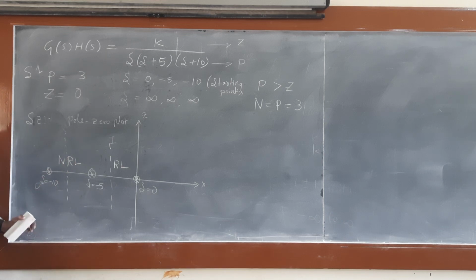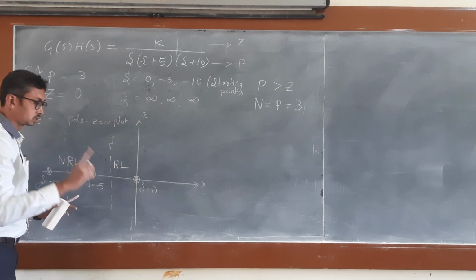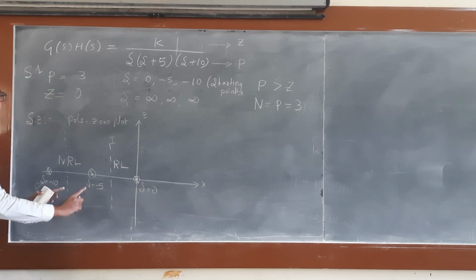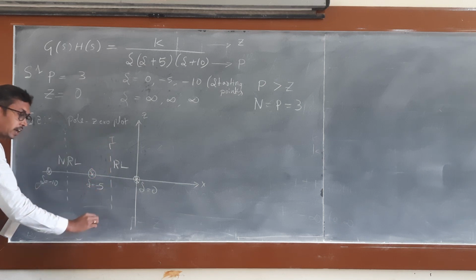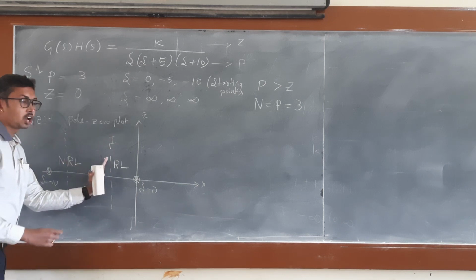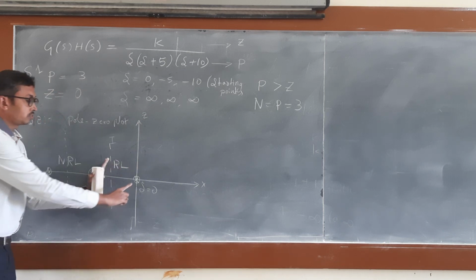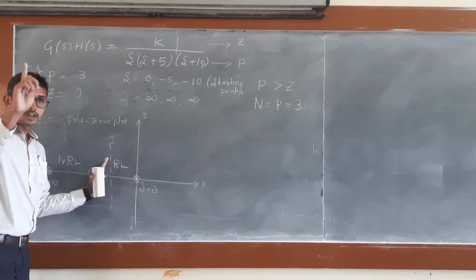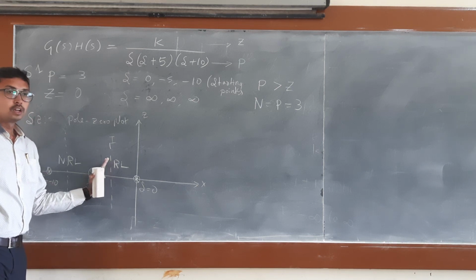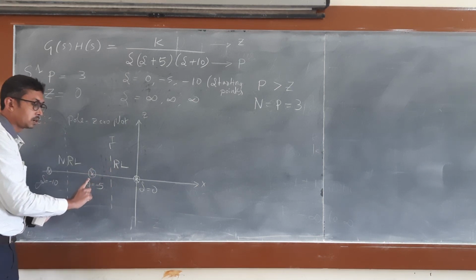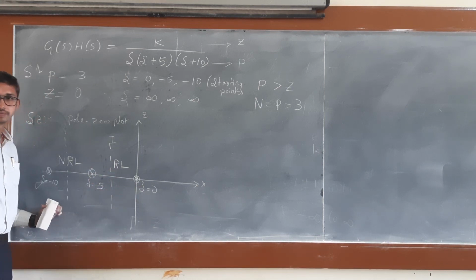You got it? So first I considered two roots, that is S is equal to 0 and S is equal to minus 5. I have drawn an imaginary line. Then I checked how many roots are there to the right side of the imaginary line. In the first case, I got only one root, so it's an odd number. Therefore, root locus is possible between minus 5 and 0.